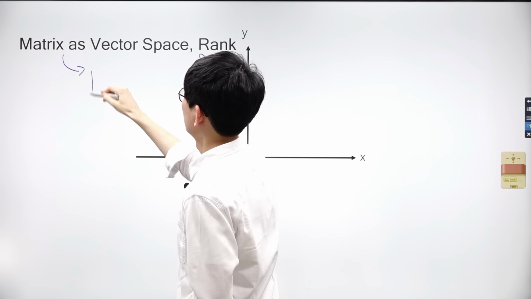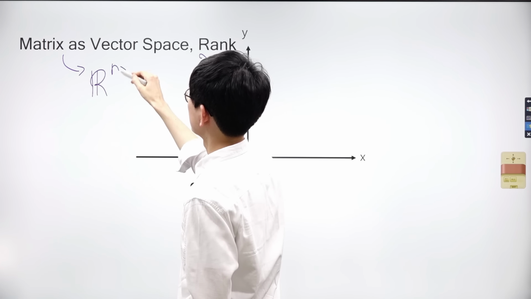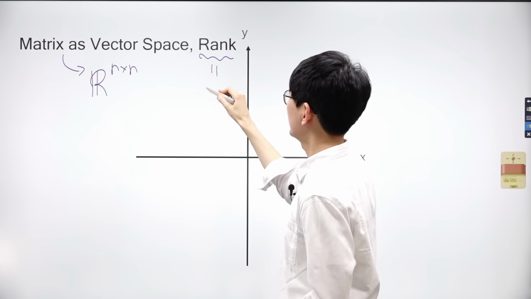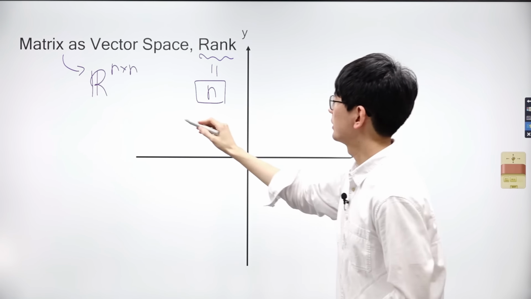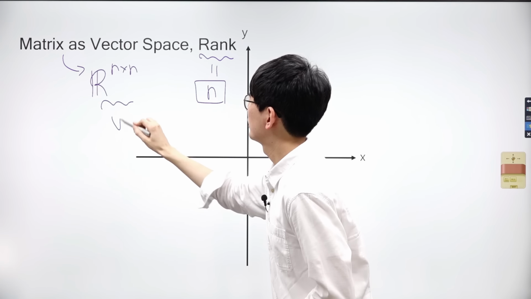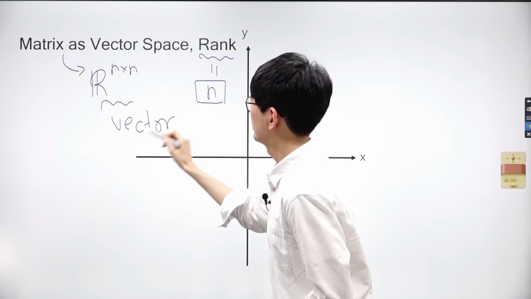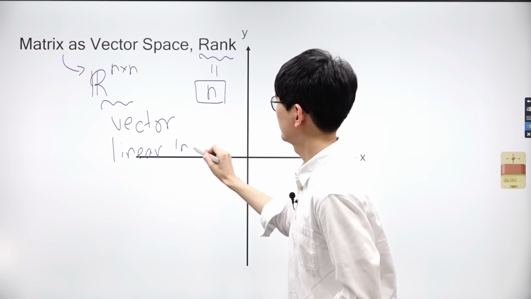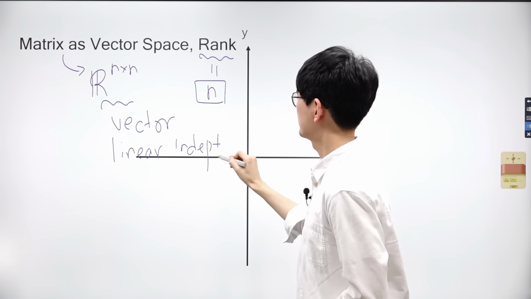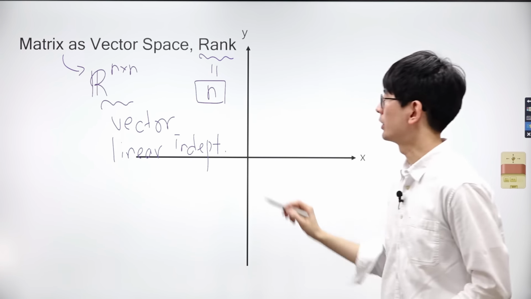When does an n by n matrix have a rank of n? An n by n matrix has a rank of n only when all of its n vectors are linearly independent. However, if the vectors are linearly dependent, the rank of the matrix will be less than n.